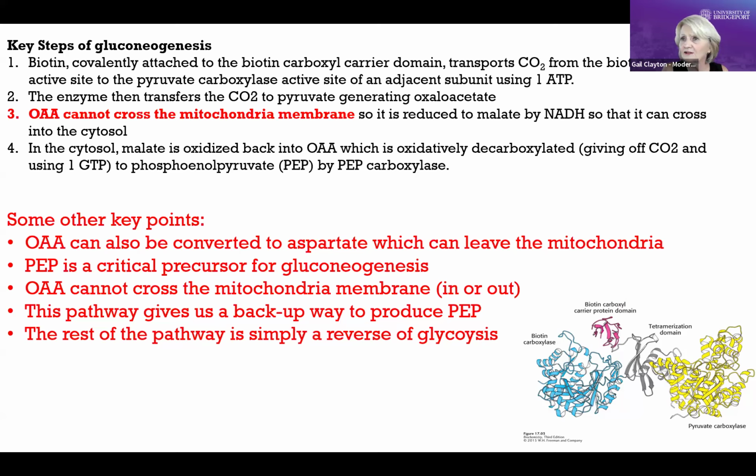Oxaloacetate can also be converted to aspartate, which can leave the mitochondria. PEP is the critical precursor for gluconeogenesis. And oxaloacetate cannot cross the mitochondrial membrane. It can't go in and it can't come out. And this pathway gives us a backup way to produce PEP. And the rest of the pathway is simply a reverse of glycolysis.